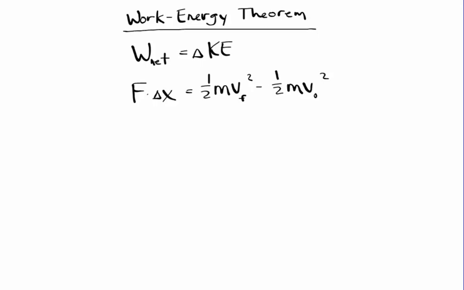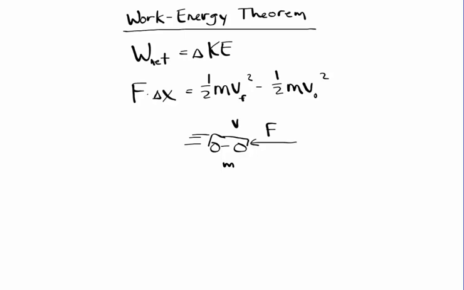Other things we could do: say a car is speeding down the highway with a given speed and a given mass, and I knew the amount of force that would be applied to this car when slamming on the brakes. The question might be, how much distance does it travel when that happens?